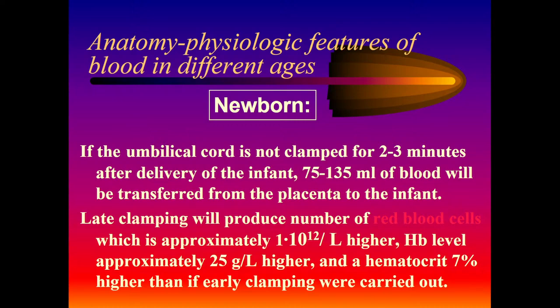Late clamping will increase the number of red blood cells, with hemoglobin level approximately 25% higher and hematocrit 70% higher than if early clamping were carried out. It's an important situation: the need to avoid early clamping of the umbilical cord in the newborn.